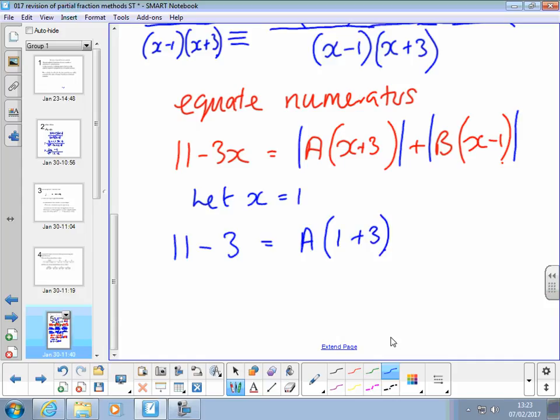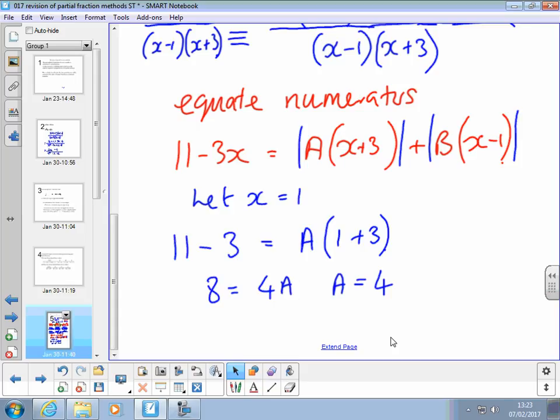So we've substituted the value x equals 1 in. So we can say 8 is equal to 4A. A must be 2.